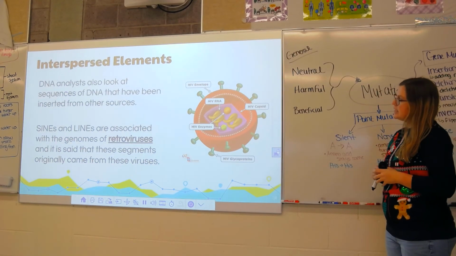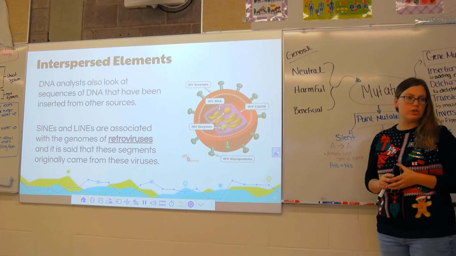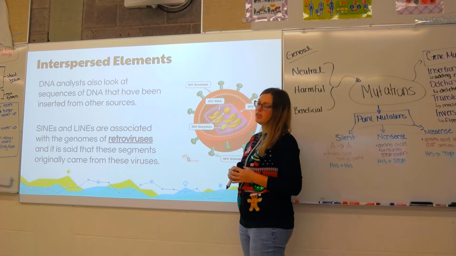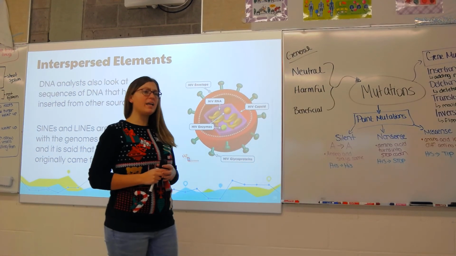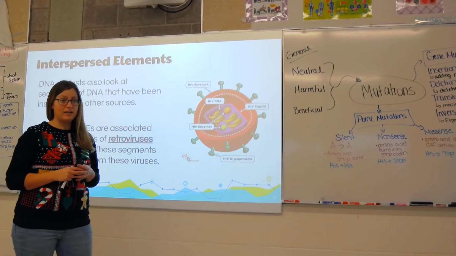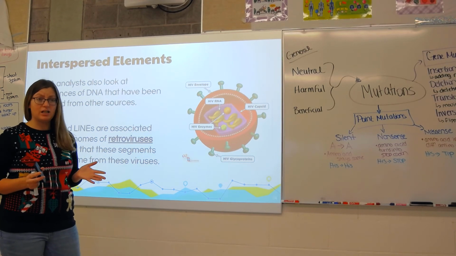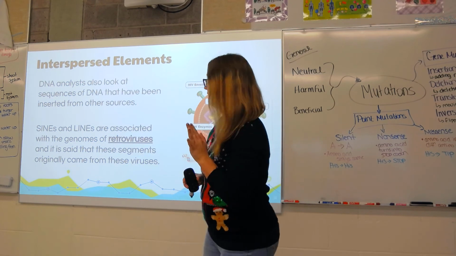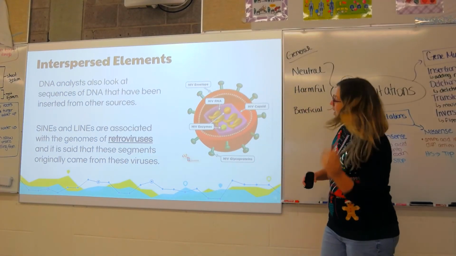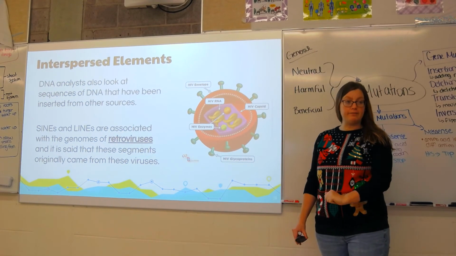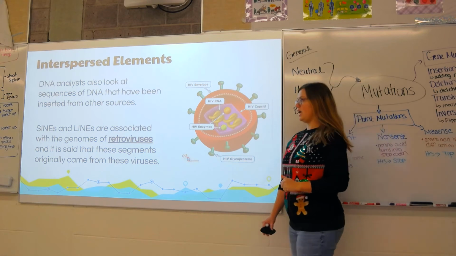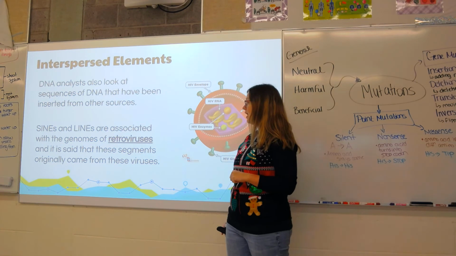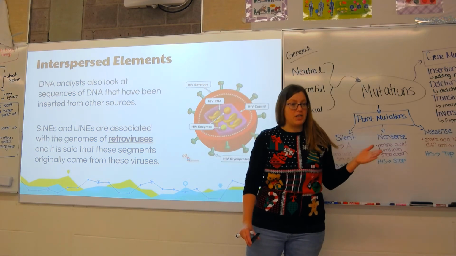One other thing that scientists use when we're looking at evolution and similarities between species are things called interspersed elements. Again, this is super complicated and I'm not going to get into a huge amount of detail. If you want to know more, take a course in university. Super fascinating stuff. But we have SINEs and we have LINEs. SINEs are short interspersed elements and LINEs are long interspersed elements.